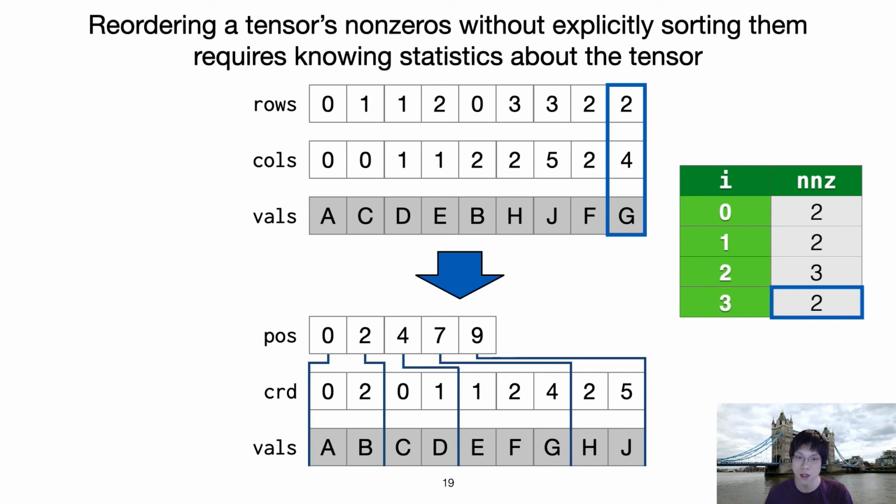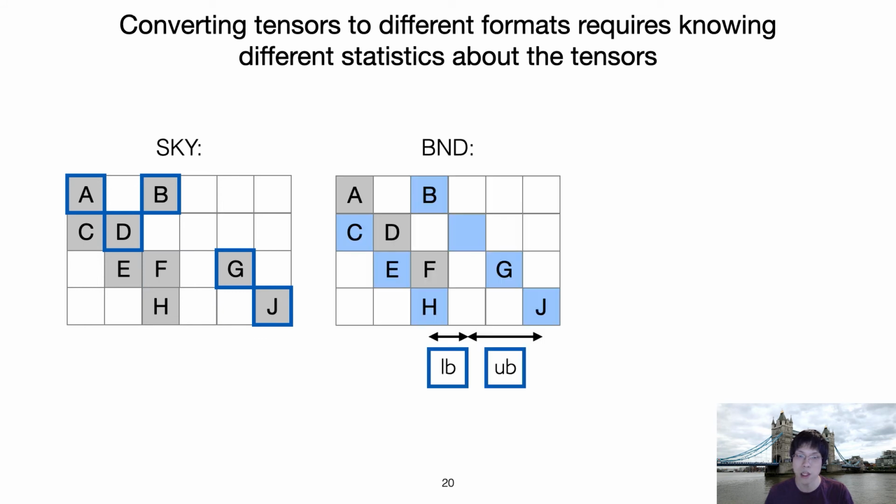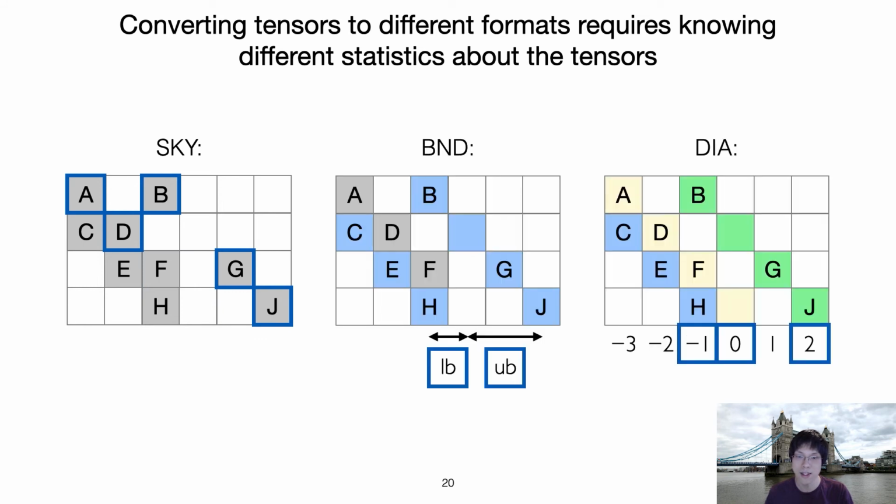It turns out though that efficiently converting to different formats actually requires knowing different statistics about the input tensor. Converting a matrix to the skyline format, for instance, which is useful for sparse solvers, requires knowing what the first nonzero of each column or row is. Other target formats, meanwhile, require knowing even more complex statistics about the input tensor, such as its upper and lower bandwidths, for instance, or even the exact set of non-empty diagonals in the tensor.